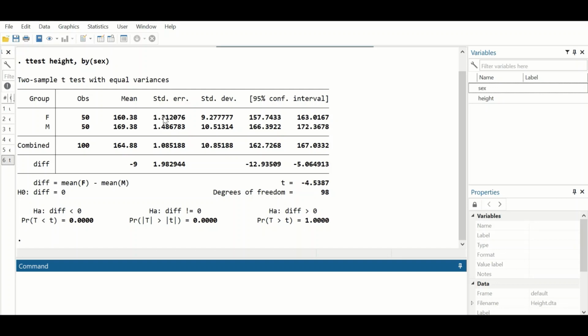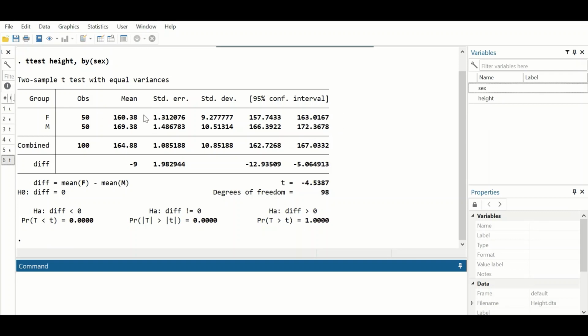Also the standard error is given for the male group and the female group, and the standard deviation is 9.3 for the females and 10.5 for the males. The confidence interval for the mean for the females and the males is given here.